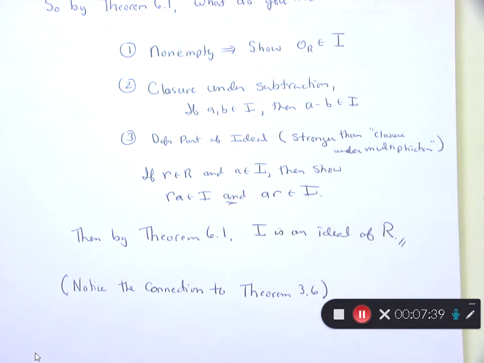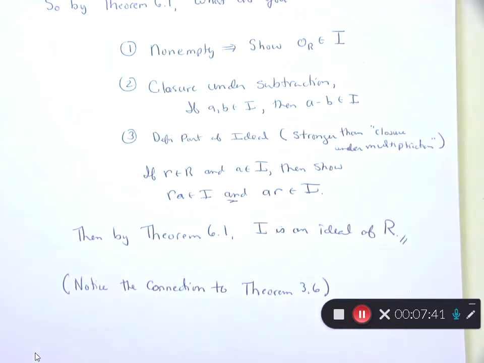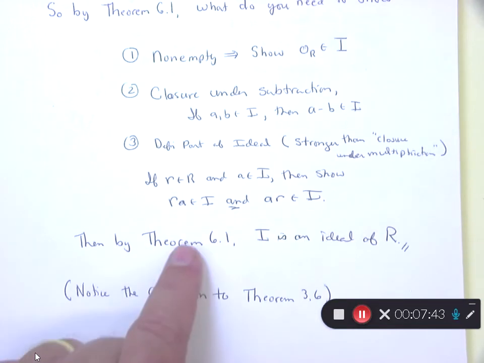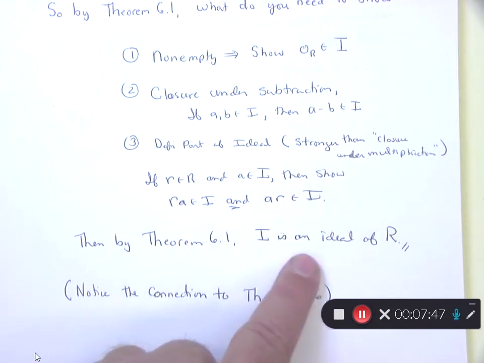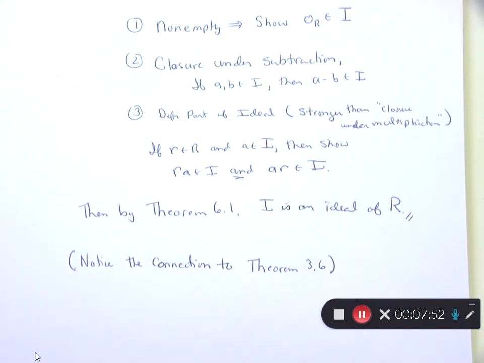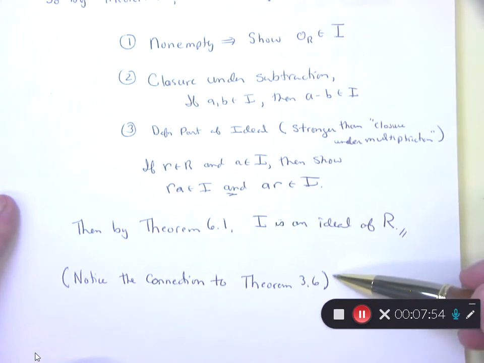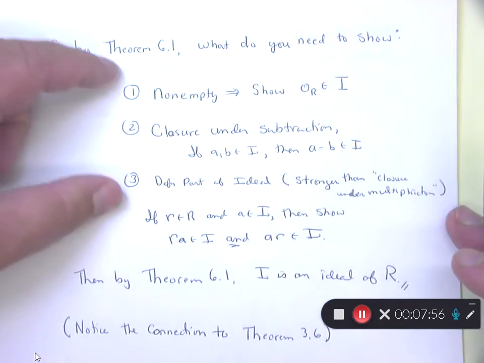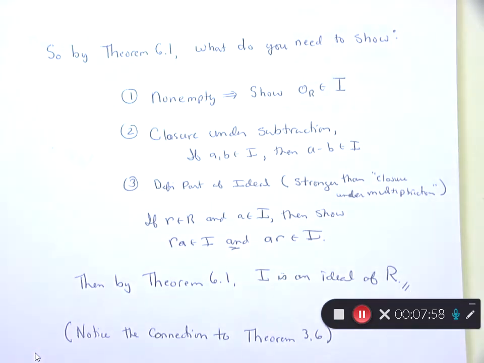But if it's not a commutative ring, I got to show both sides. Then we can say by Theorem 6.1 that I is an ideal of R. Note the connection to Theorem 3.6 is what I've been trying to emphasize here. So there are actually three things to show if you want to show a set I is an ideal of a ring R.